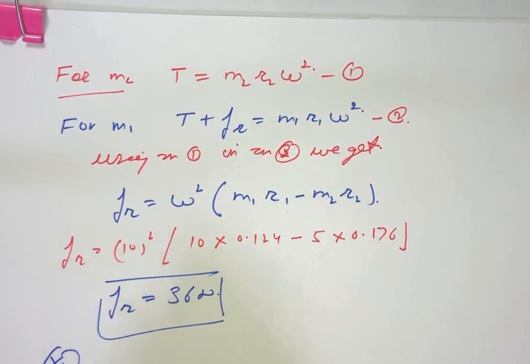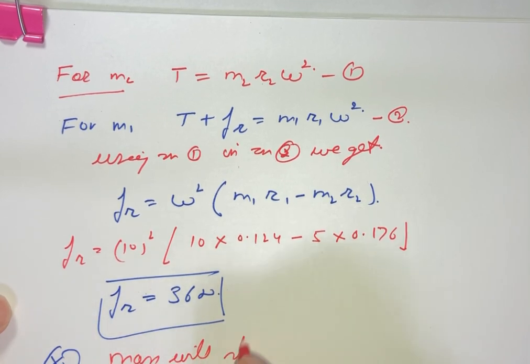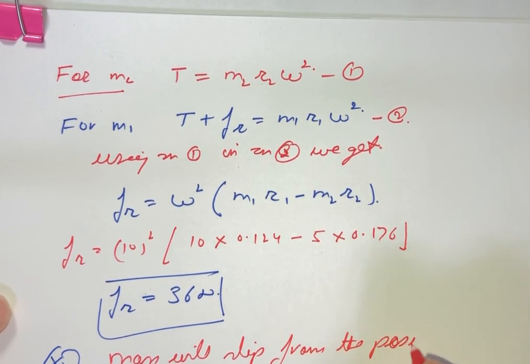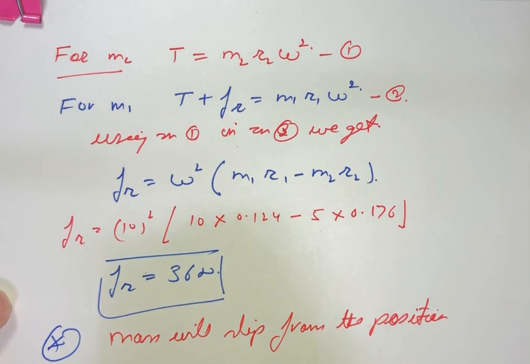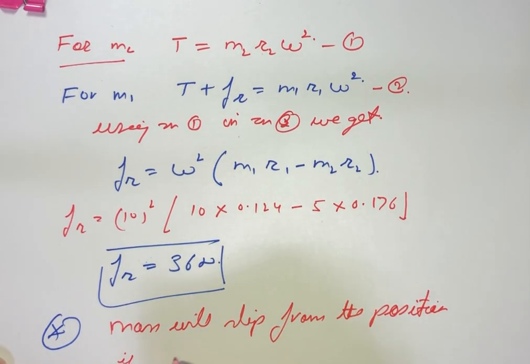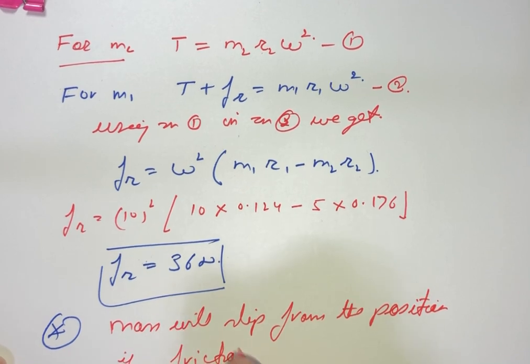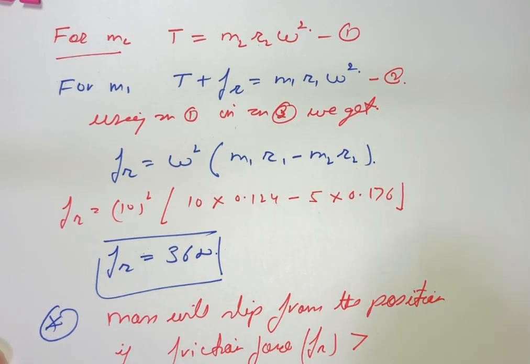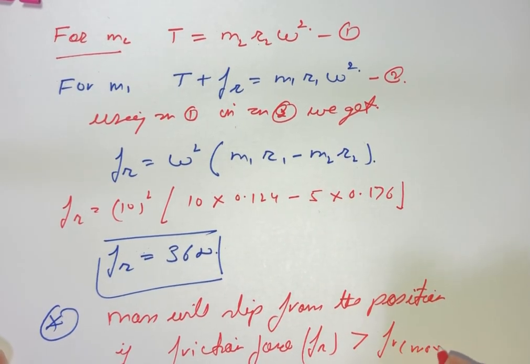Now let's do the second part. It says, what should be the minimum value of the turntable speed so that the masses will slip from this position. Okay, you can say masses will slip from the position if the frictional force, that is Fr, is greater than Fr max, or we can say equal to.